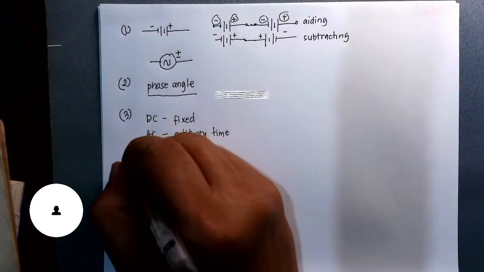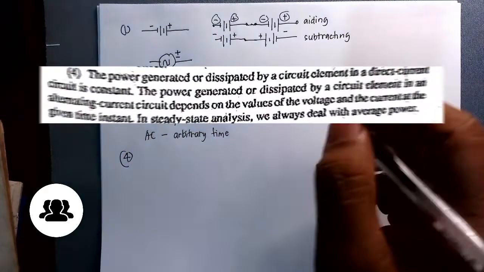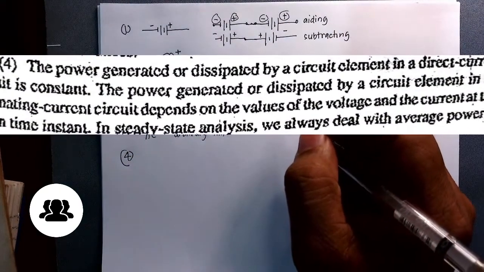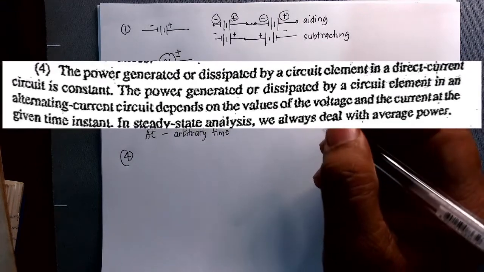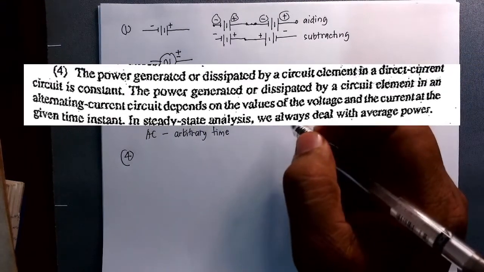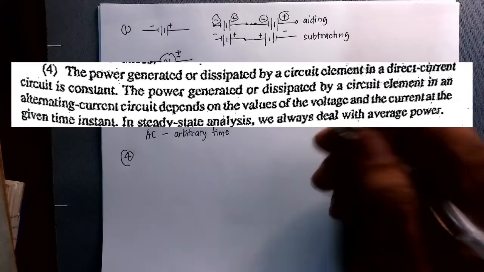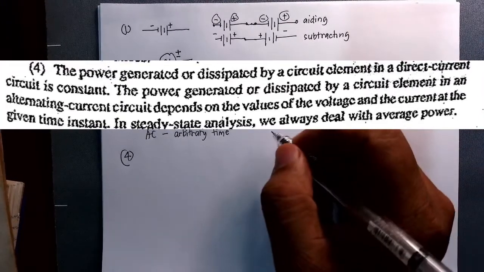And for number 4, that we should note regarding the polarity marker is that the power generated or dissipated by a circuit element in a direct current circuit is constant.